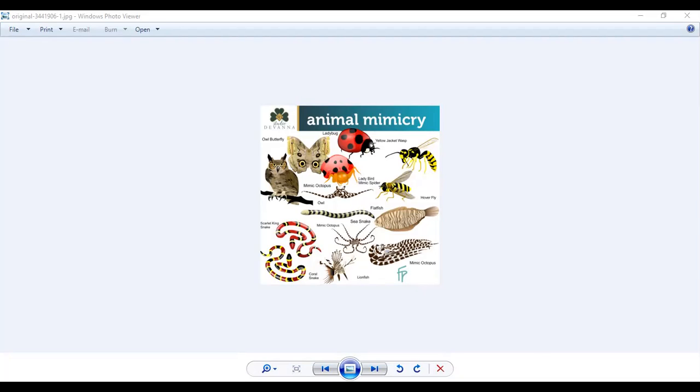Then we classified symbiosis into three different types regarding the benefit these organisms get. What are the three types of symbiotic relationships? Yes, Laura. Parasitism. It's when one organism benefits and the other one is harmed. Good. So parasitism is a relationship between two organisms.